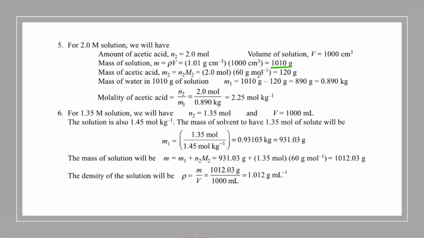Mass of water in 1010 grams of solution, M1, is equal to 1010 minus 120 grams, that is 890 grams, which is equal to 0.890 kg. And molality of acetic acid is equal to N2 by M1, where M1 is the mass of solvent. So finally, you'll get 2.25 moles per kg. Next question.